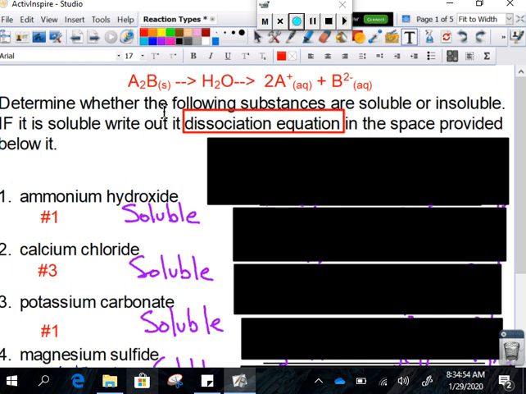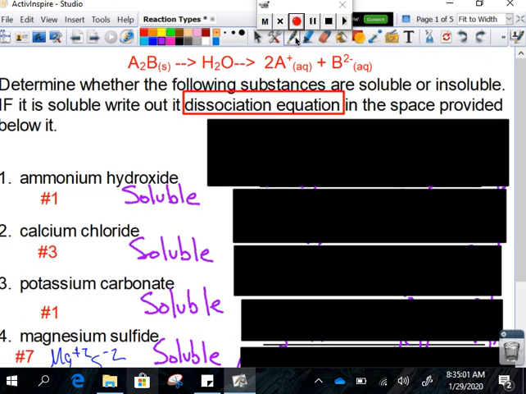And it's not reacting with water, it's dissolving in water. And I know it's dissolving in the water because I check the solubility rules and I find that my compound is soluble. And so this compound here is actually K2, so that would kind of be like our A2, and the carbonate is the B, it's the other half.